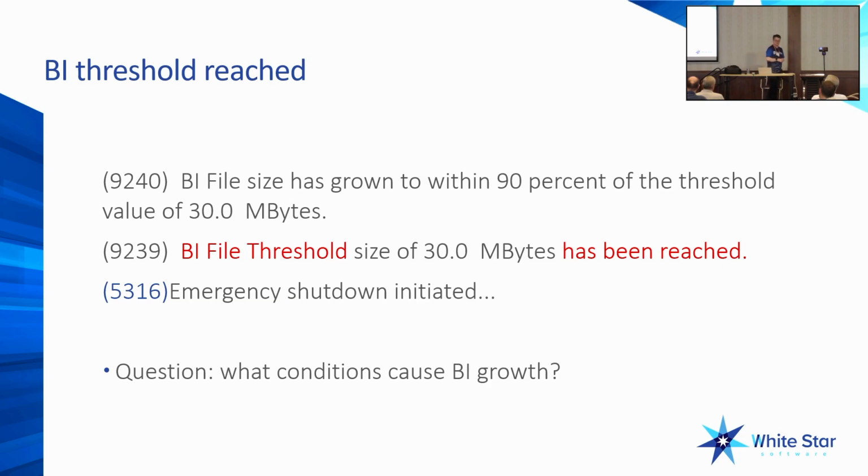Pop quiz, what causes BI growth? Long transaction running, what kind of transaction? Active. That's one. If you have a long-running active transaction that's not doing anything, will that cause BI growth? That transaction. But the others will.